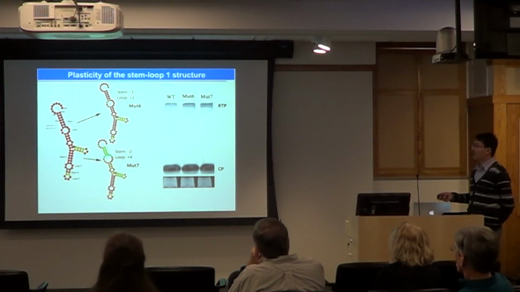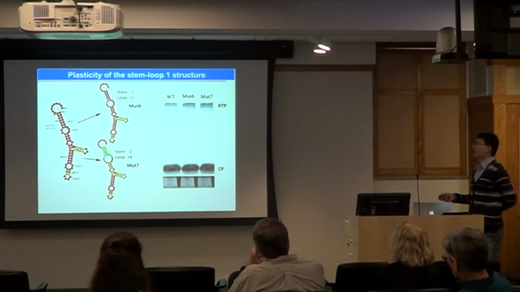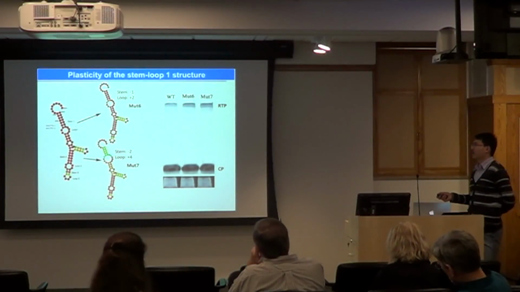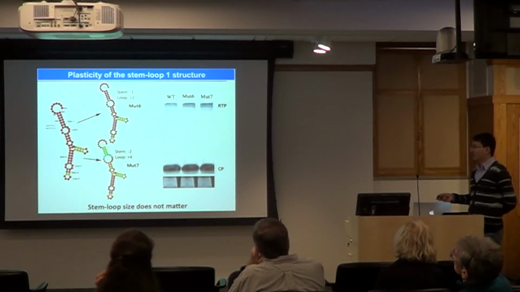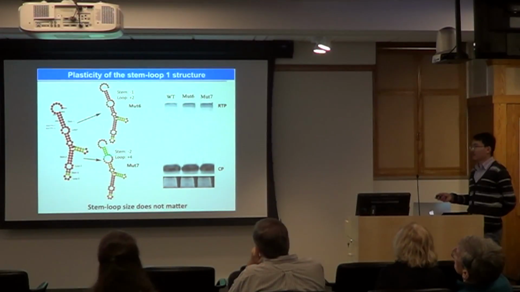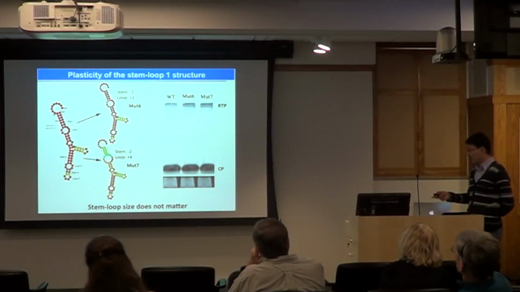Firstly, we focused on plasticity, and we changed the double loop size by 1 nucleotide or 2 nucleotides. Read-through translation could still be detected by Western blot, indicating that the size of the double loop doesn't matter for read-through translation.